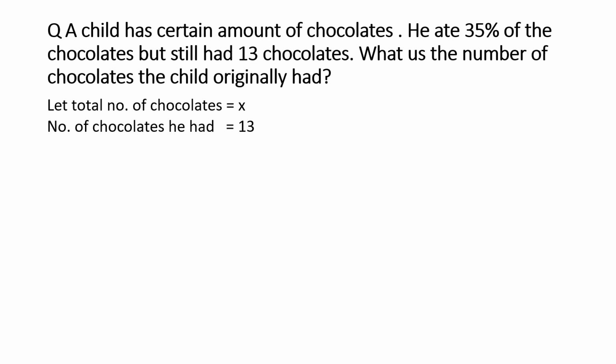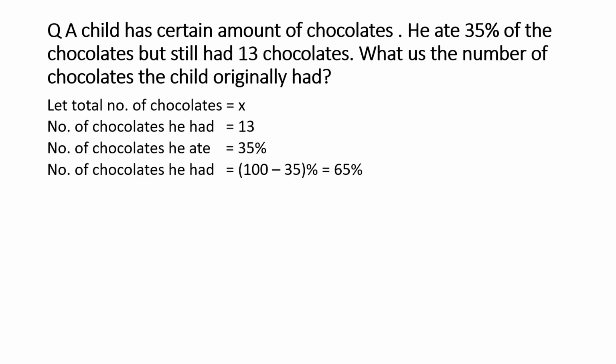Number of chocolates he had is equal to 13. Number of chocolates he ate is 35%. And now we can calculate the number of chocolates he had in percentage. How? 100 minus 35%, because the total is 100% and 35% he ate. So how many chocolates are left with him? 100 minus 35, that is 65%.